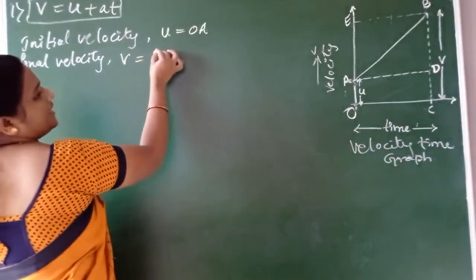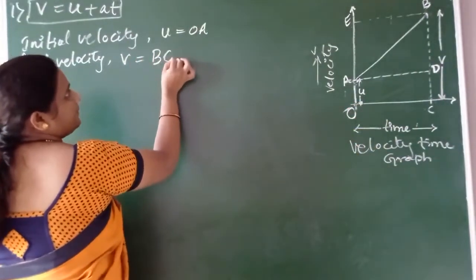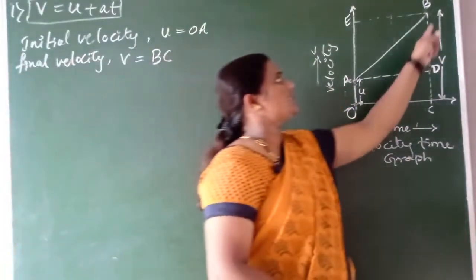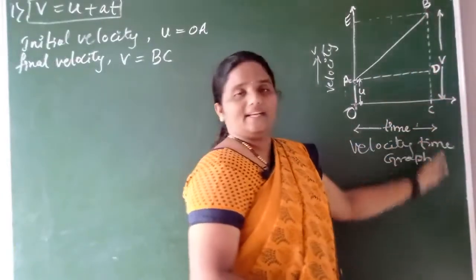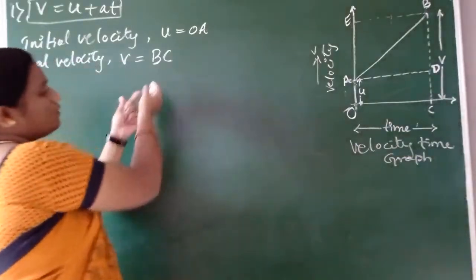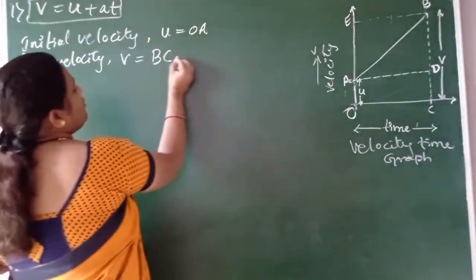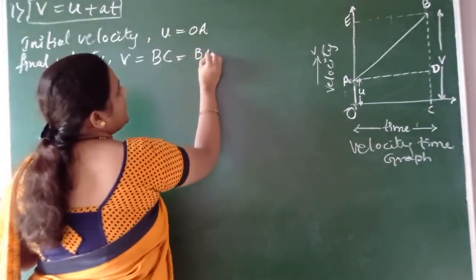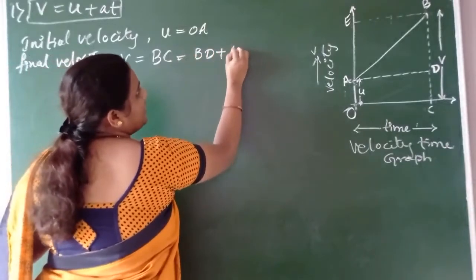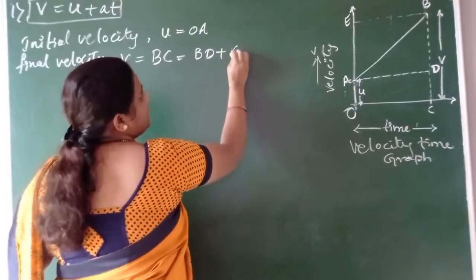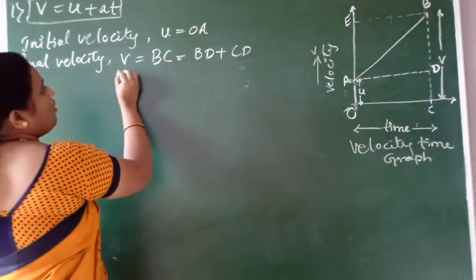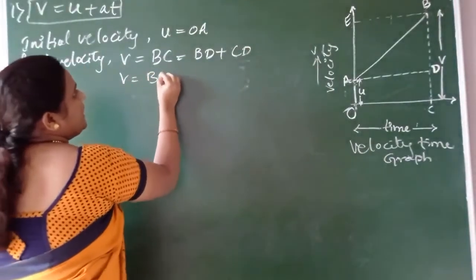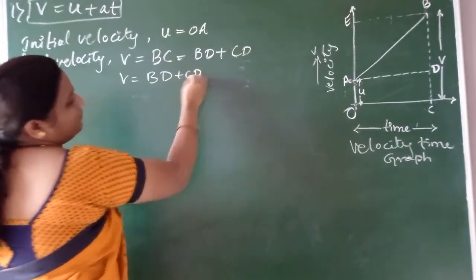V can be written as BC. Children, when you look at this BC, it consists of two things, BD plus DC or CD. Isn't it, children? So v is BD plus CD.